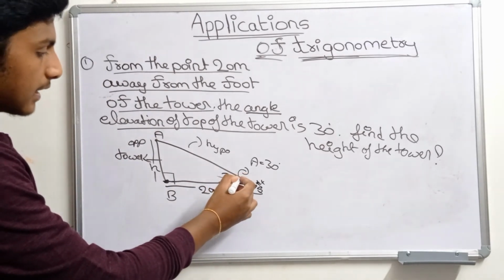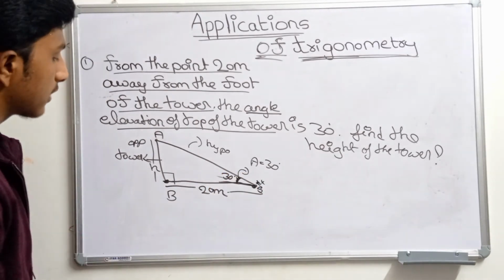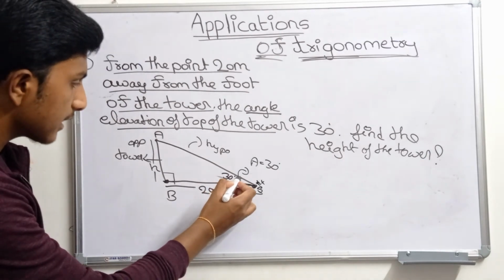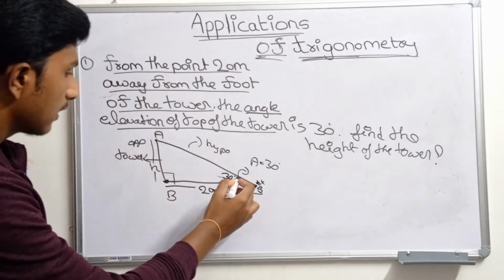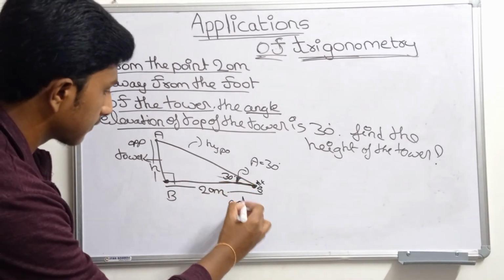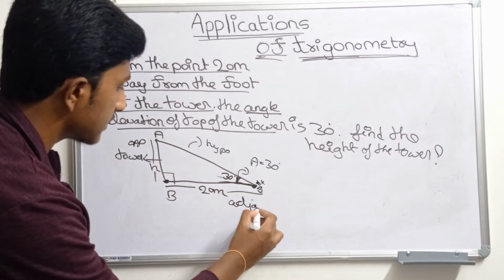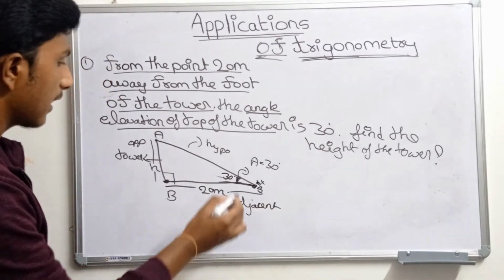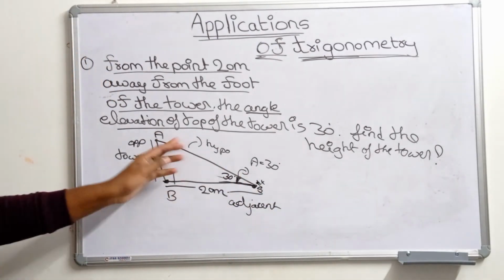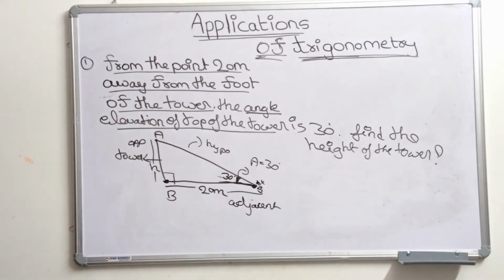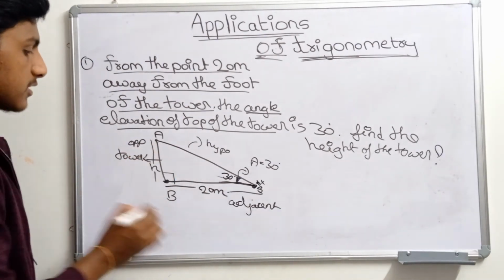I am taking angle A at point S. A equals 30 degrees, and when the angle is taken here, the opposite is this. AB is opposite, BS is adjacent, and AS is hypotenuse. Now what is needed first? The opposite side is needed.